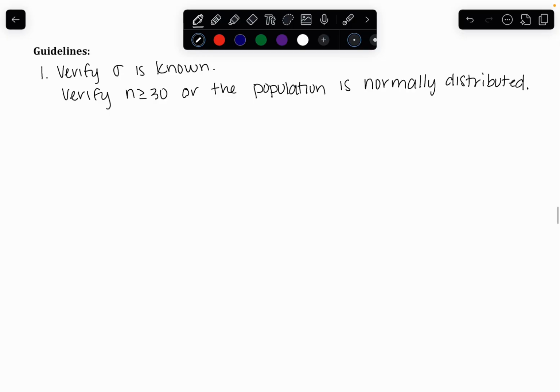Step 2, we're going to state the claim, the null hypothesis, and the alternative hypothesis.